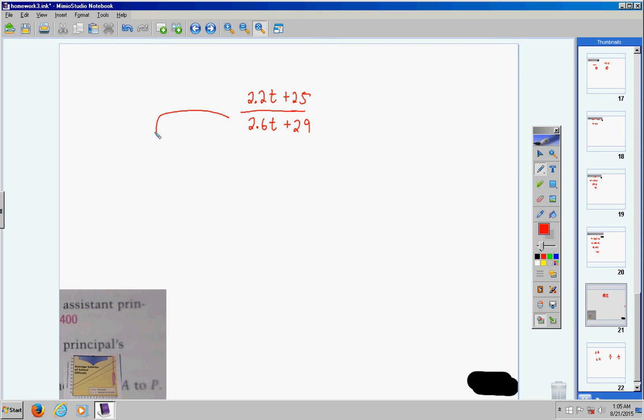So let's start off with T equals 0. We can do this in our head, guys. If you put a 0 here and a 0 here, what's anything times 0? 0. So 2.2 times 0 is 0, plus 25 would be 25 up top. In the denominator, 2.6 times 0 is 0, plus 29 is 29. So there's your ratio, 25 to 29.